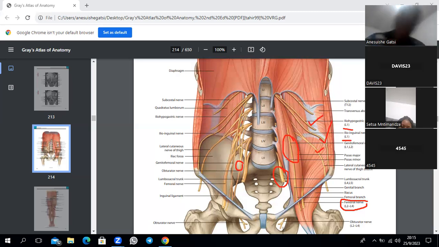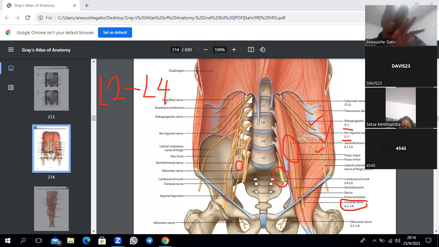Right. So one would be wondering why we said femoral nerve and obturator nerve both have nerve roots L2, L3, and L4. Right. What simply happens is these nerves, they divide into what we call divisions. So there is the ventral divisions and there's the dorsal divisions.